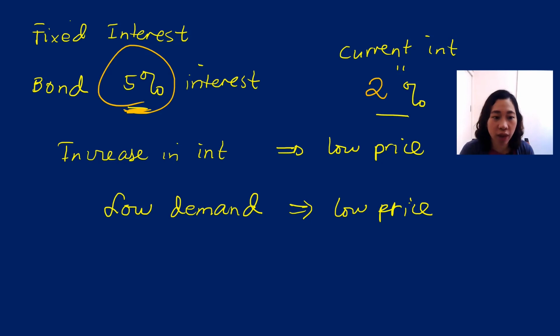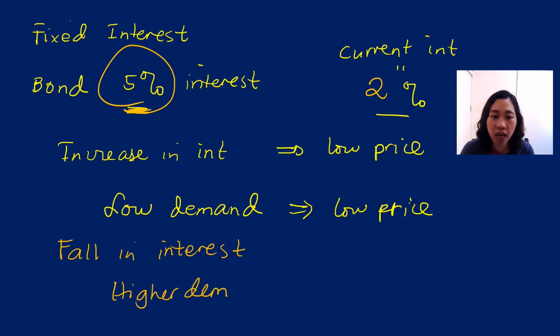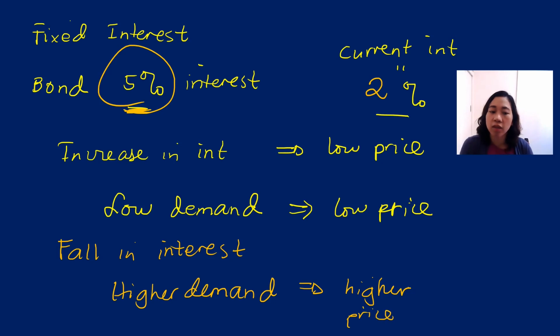So if you have a fall in interest, then you will have higher demand, and if you have higher demand, then it will result in a higher price, correct?